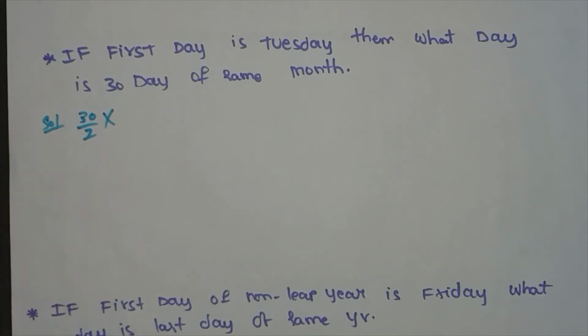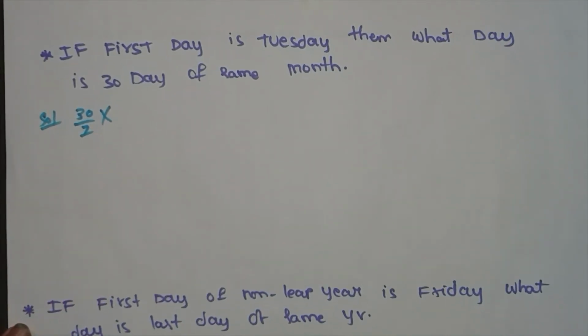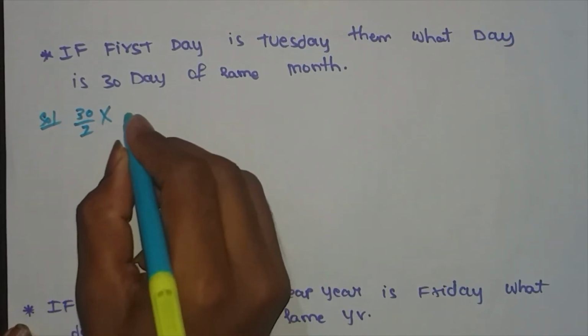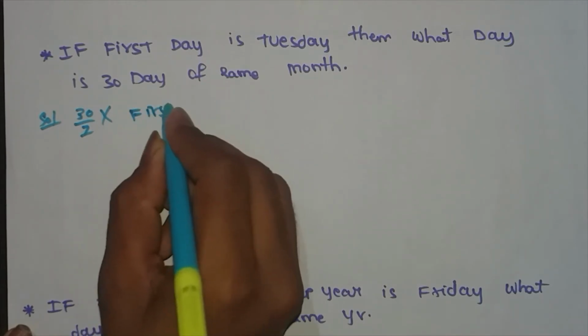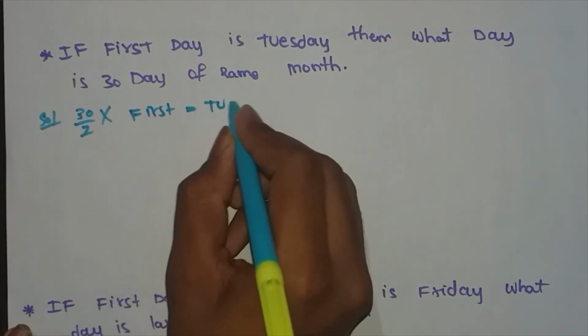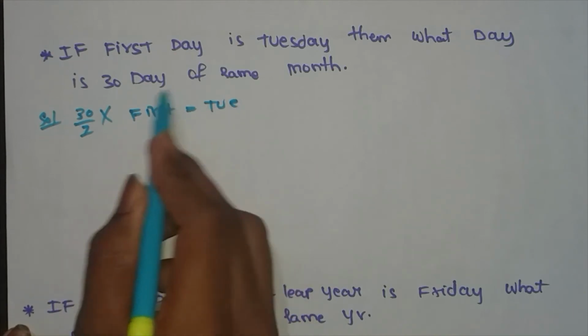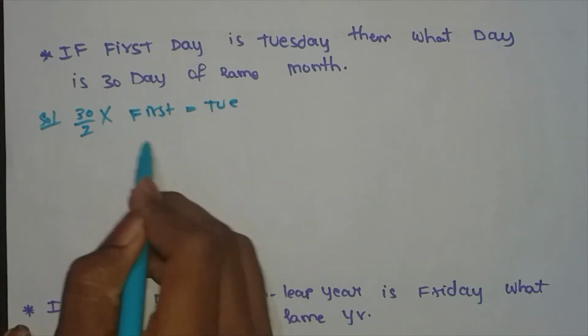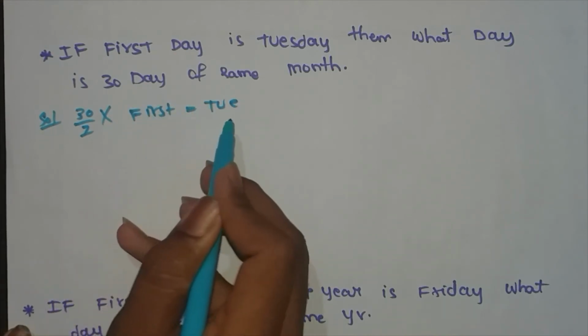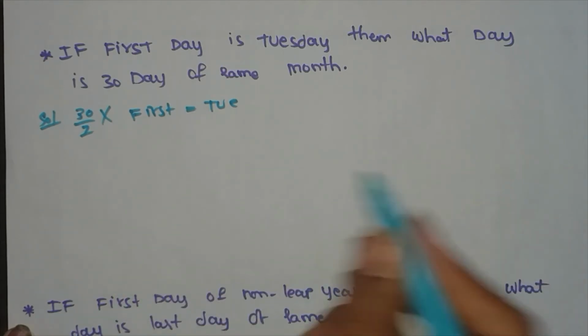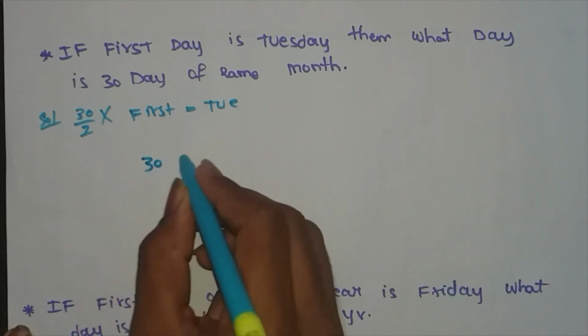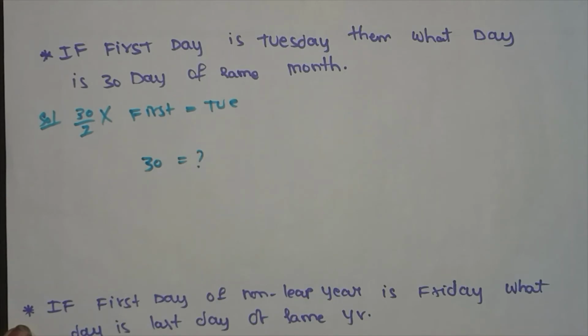You will get the wrong answer because the question says the first day is Tuesday. Here I know the first day of the month is Tuesday, and I am asked to find the 30th day of that same month.